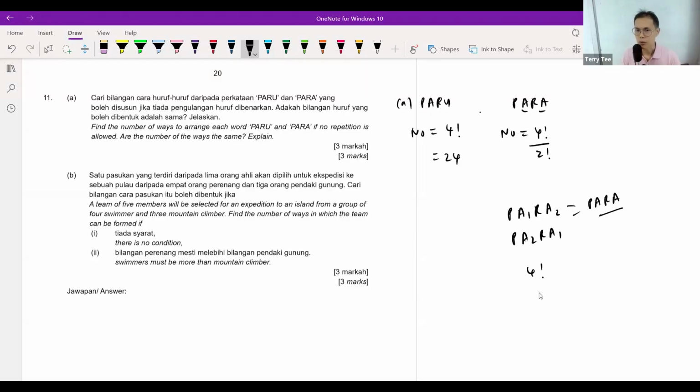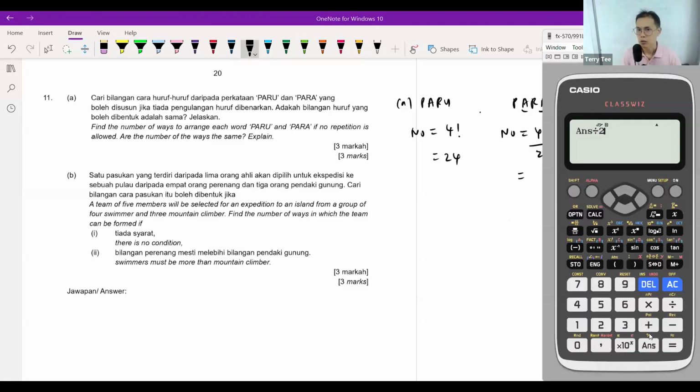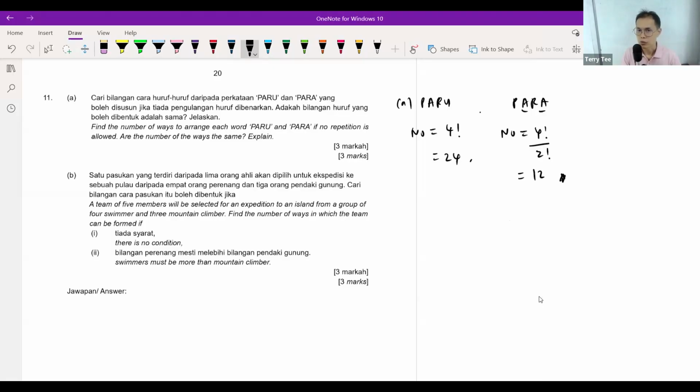It doesn't matter whether it's A1, A2 or A2, A1; without the labels, they all look the same as PARA, so it's considered as 1. That's why you have to divide by 2 factorial to cancel the number of arrangements between the two As. So take 4 factorial, then divide by 2. Answer is 12. 2 factorial is 2.